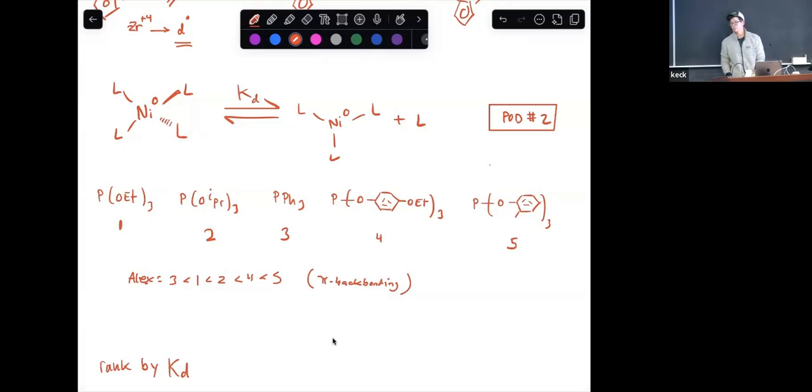But then I think there's also sterics. At least between 1 and 2, I would say 2 dissociates more because it's more sterically hindered, and you'd get a happier 3-coordinate complex. And then the same between 4 and 5. There's a little bit of electronic difference with the aryl substituent as well.